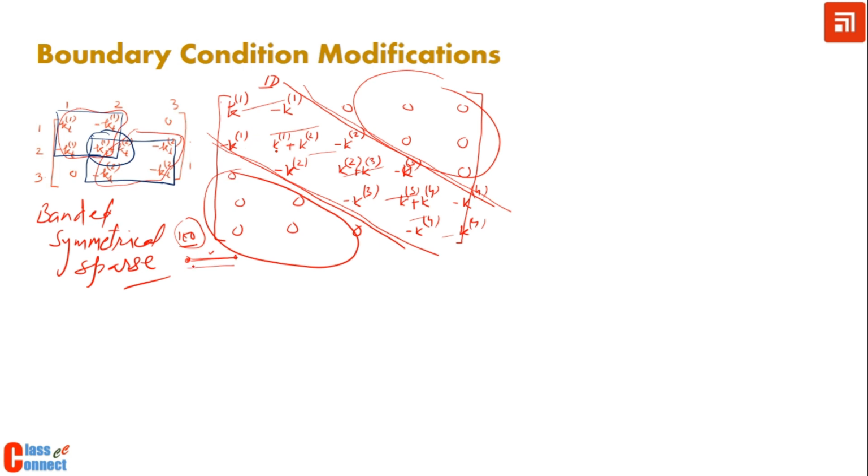So the numbering of the nodes on each element is very important, especially when we go for 2D elements or 3D elements, when we go for 8 noded 3D elements or 20 noded 3D brick elements.